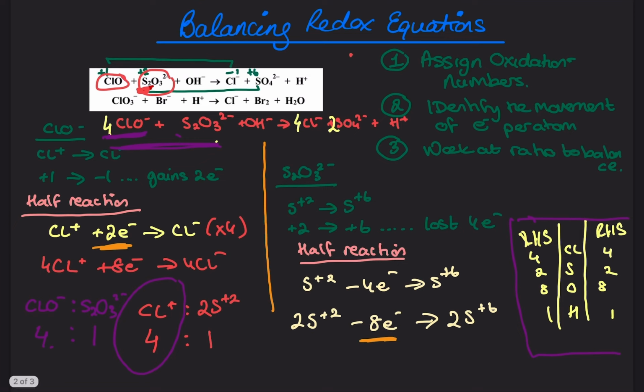Okay? So if you want to pause it now and give the second equation a go, doing the exact same steps and writing the half reactions out to make sure that the electrons on one side of the reaction equal the electrons given on the other side.